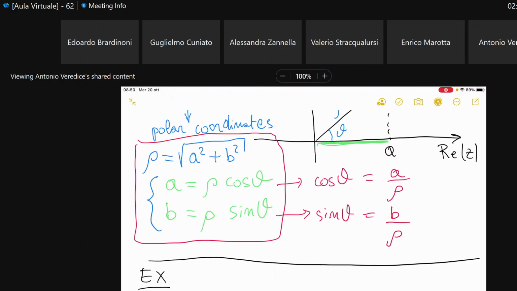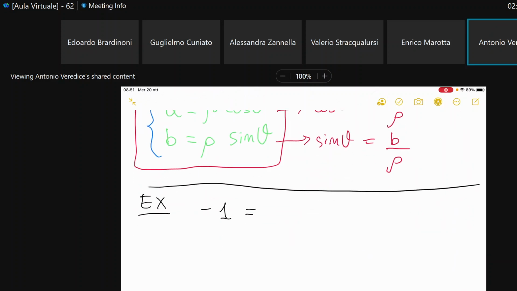We consider -1. This is a real number, so it is of course also a complex number, and we want to find the polar coordinates, so the trigonometric expression, for -1.